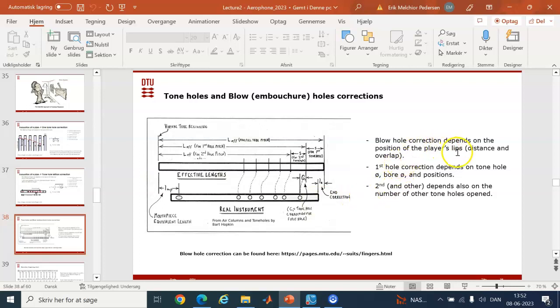Blowhole correction depends on the position of the player's lips, distance and overlap distance from the hole. First hole correction depends on the tone hole, its bore and position. Second and other corrections depend also on the number of other tone holes opened.